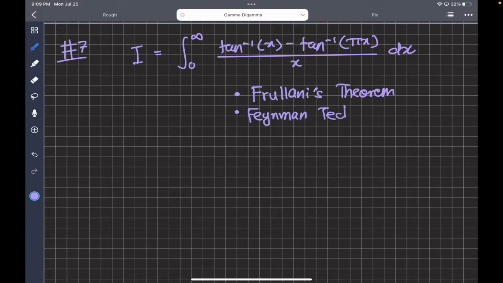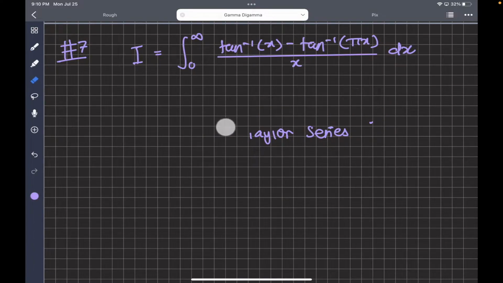I don't know if they really expect participants in the MIT Integration Bee to know Feynman's technique, or you can also use Taylor series expansion for the inverse tangent if you remember it and know how to work with infinite series. But I'm going to use the good old fashioned integration by parts. So none of these fancy non-elementary techniques.